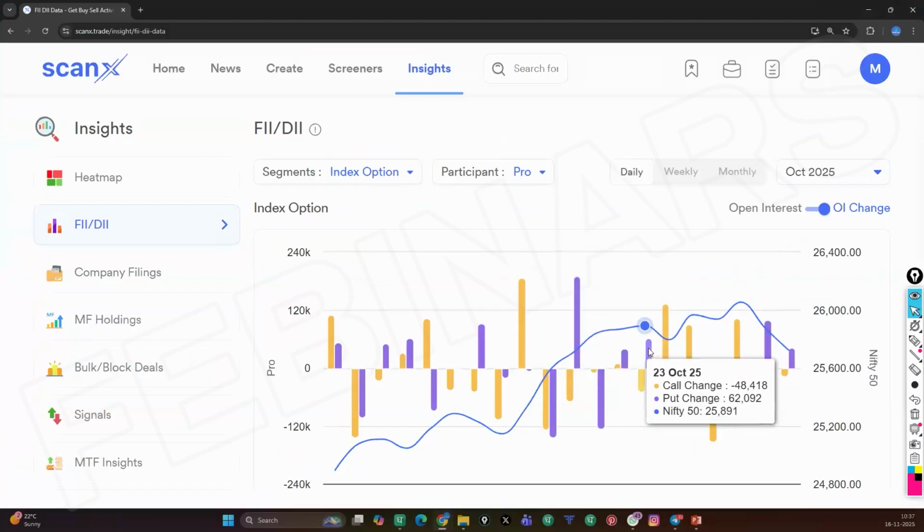Can you please read it? Is the data bullish or bearish? Again, we are on case study number 2, pro traders. We have checked FIIs. Now we are checking pro data, pro traders. Both are important. I'm keeping exactly 23rd. What happened? You should tell me. 48,000 calls sold. 62,000 contracts put bought.